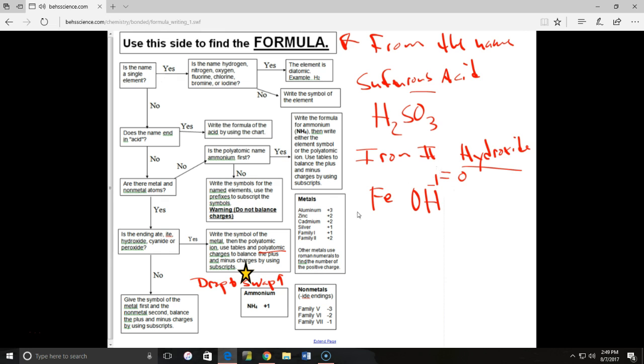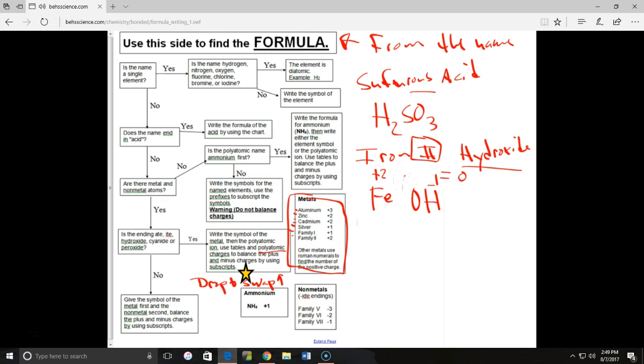Now iron, if you look in this metals box, it doesn't list iron specifically. So it says other metals use the Roman numeral to figure out the charge. If there's a 2 right here, that means it's a +2 up here. Now that I have their charges assigned above, I'm ready to do what we call the drop and swap.